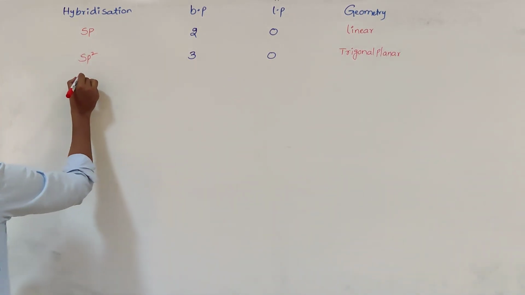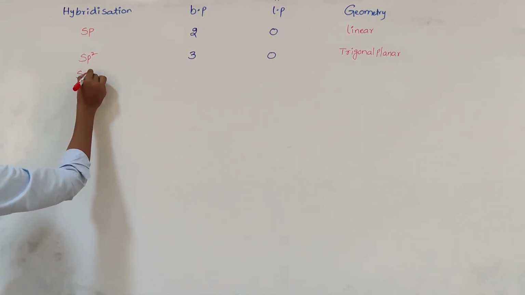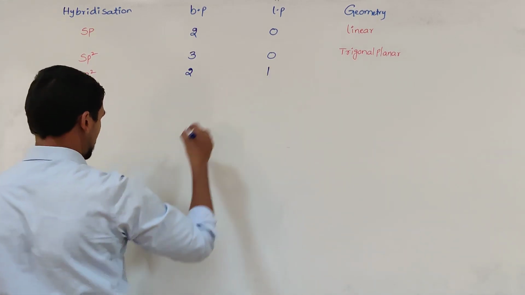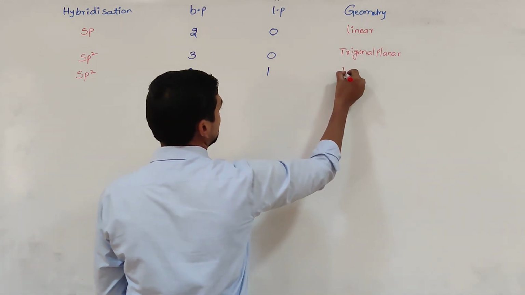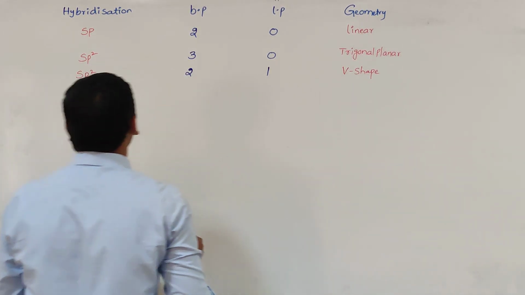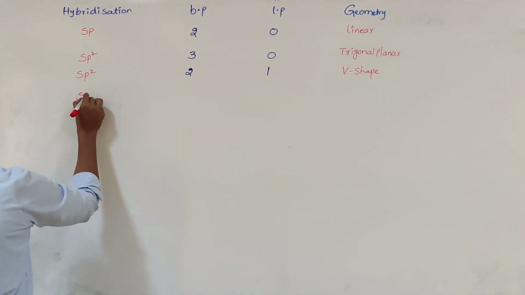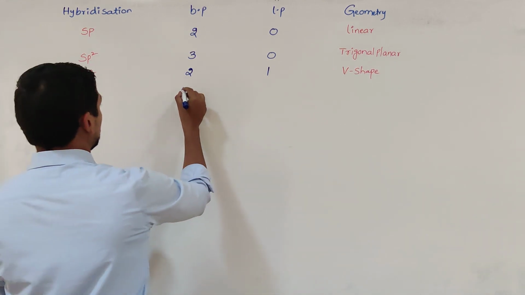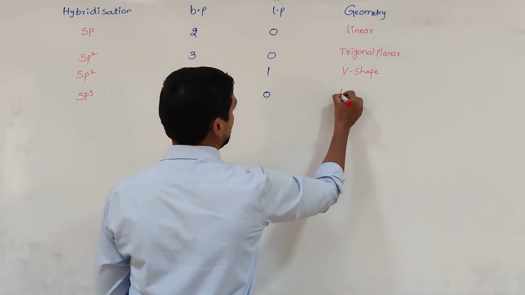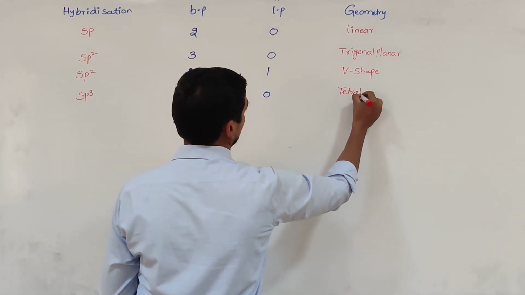In sp2 hybridization with two bond pairs and one lone pair, the geometry is bent, angular or V shape. If sp3 hybridization, 4 bond pairs, 0 lone pair, the geometry is tetrahedral.